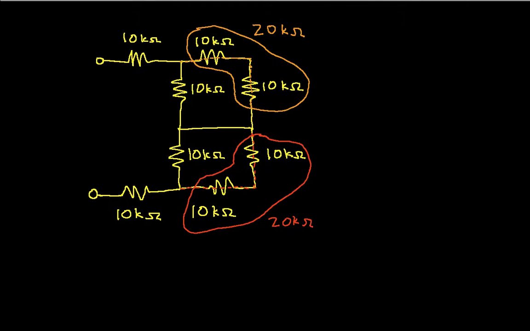Now at this point I can't find any other series or parallel combinations that I can use to simplify the network. So it looks like it's time to redraw my network, hopefully not having everything too smashed together.